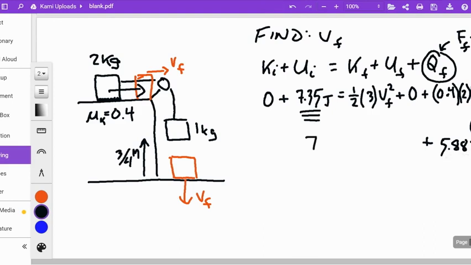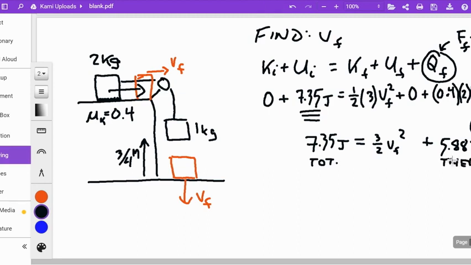So let's keep track of everything here. We had 7.35 joules that we started with. And that's going to be equal to this kinetic energy, 3/2 V final squared, plus heat. So again, this is total energy. This is thermal.